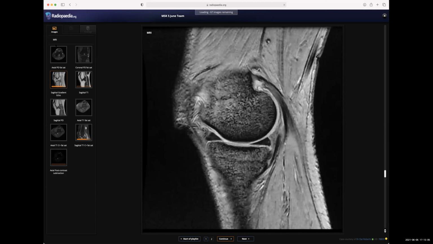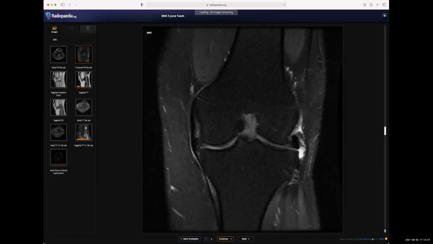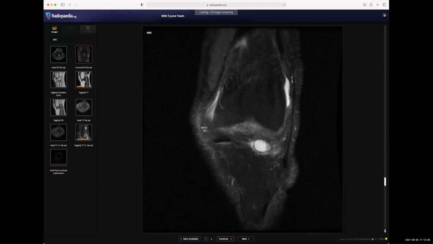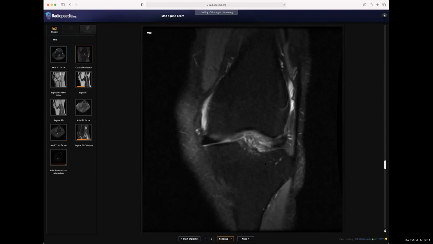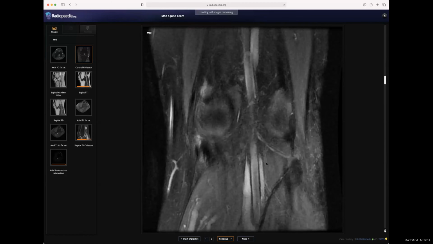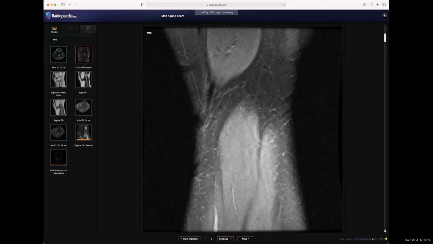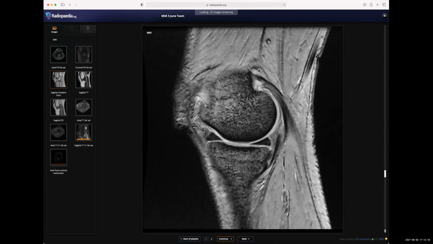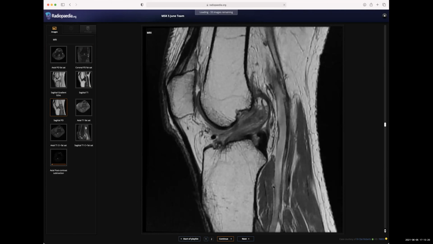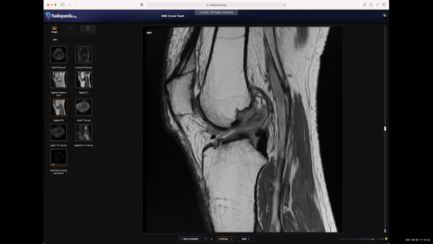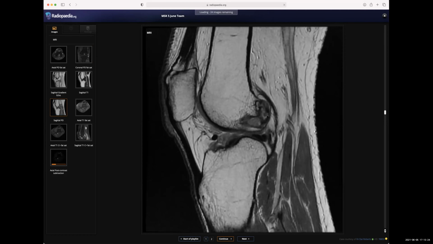Okay, for a moment, I feel that this is the characteristic appearance of the anterior cruciate ligament. So I think this is mucoid degeneration of the anterior cruciate ligament with some mucoid cysts at the femoral end. I would refer the patient to orthopedics for further management.